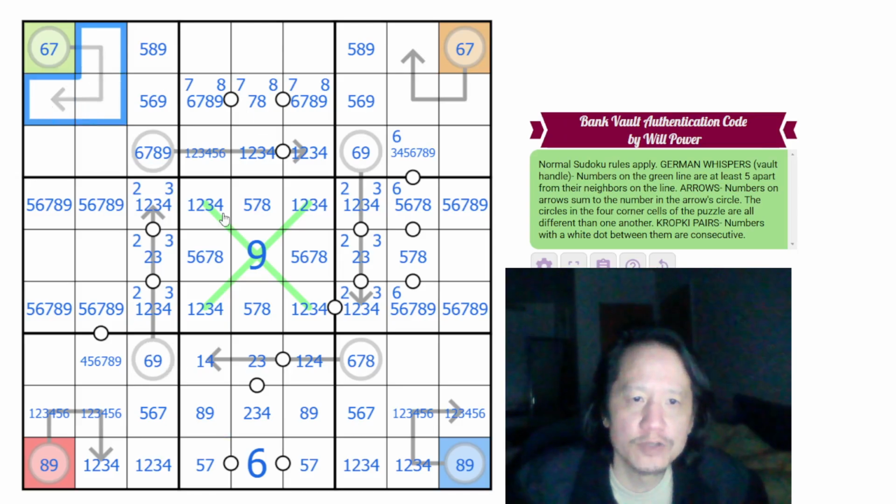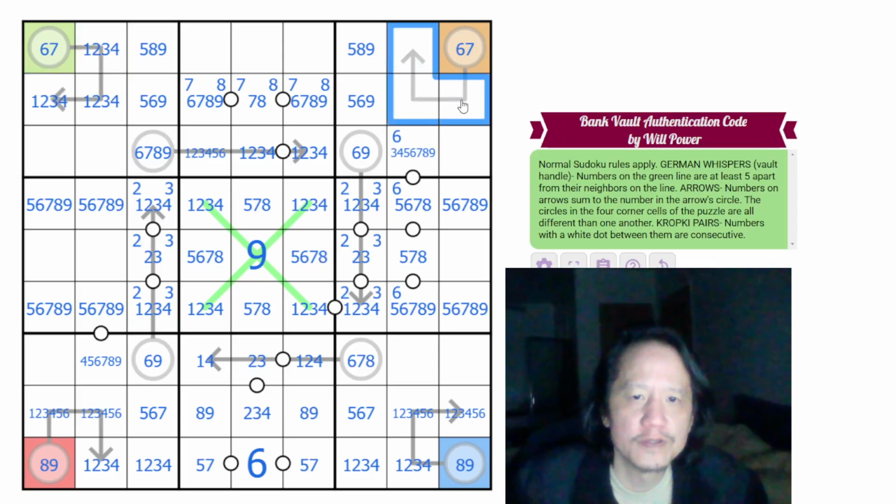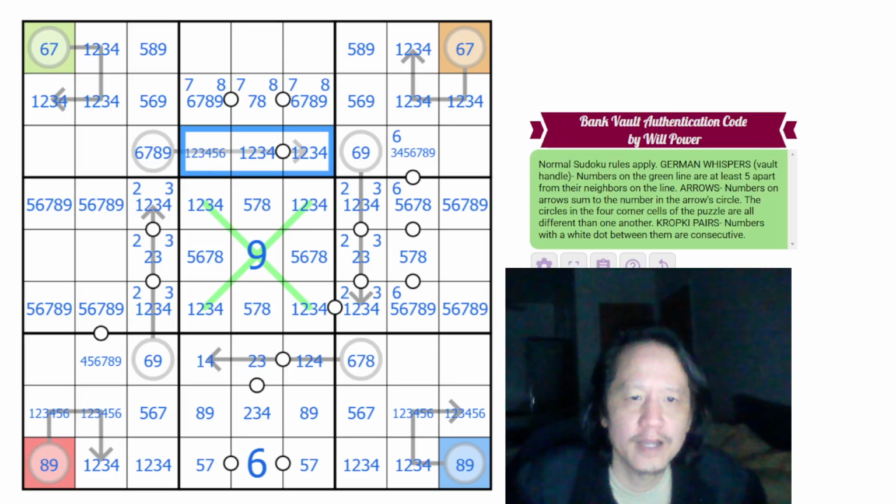Again, this is 1, 2, or 3, or 4, and this is 1, 2, 3, or 4. So 1 and 2 can never be in these cells. So 1 and 2 has to be in one of these 2 cells. So it's either 1, 2. It cannot be 4 then anymore, because 1 and 2 are required to be here.